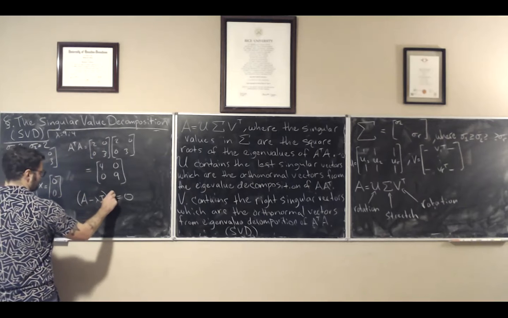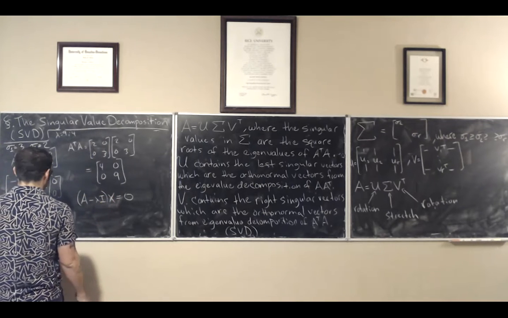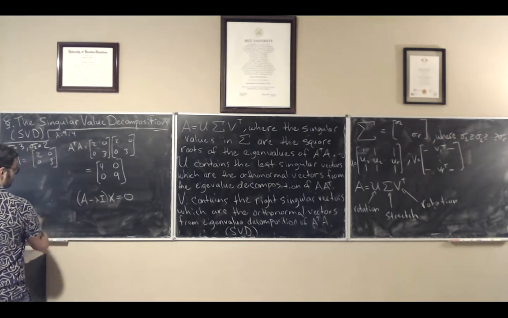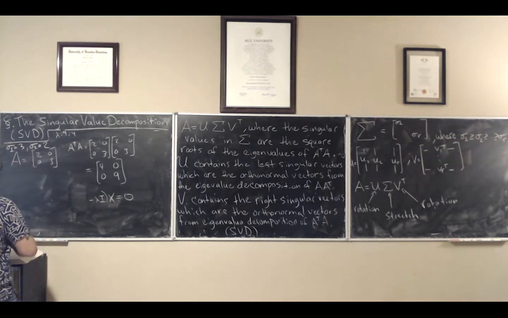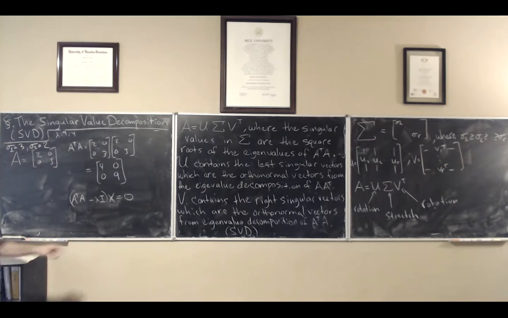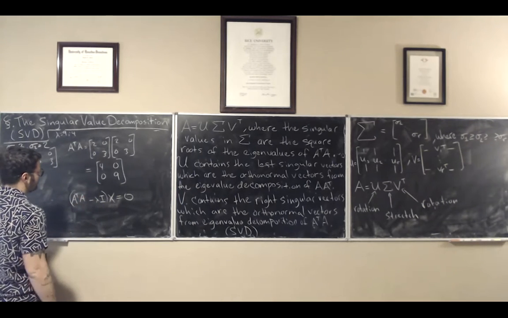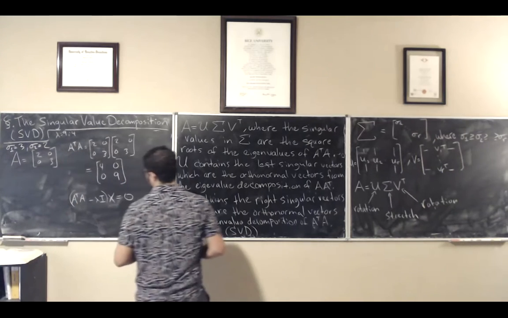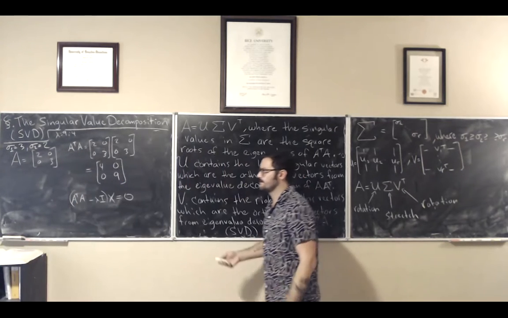So we know that we're seeking solutions for this, right? That's the eigenvalues and the eigenvectors of A transpose times A. By the way, since it's symmetric, A times A transpose is going to be the same. We're finding the U's and the V's at the same time.